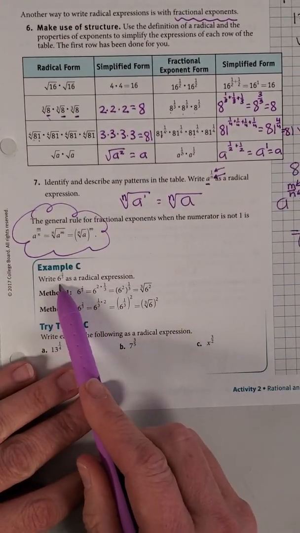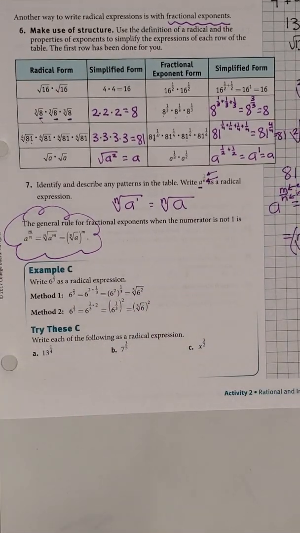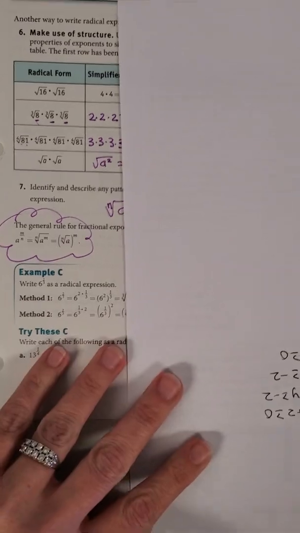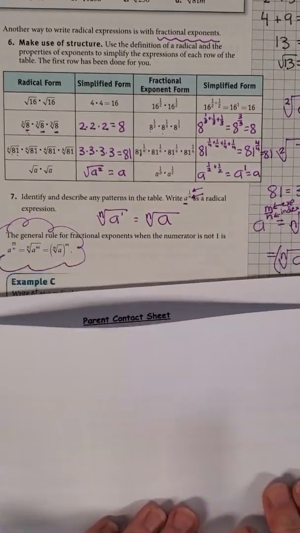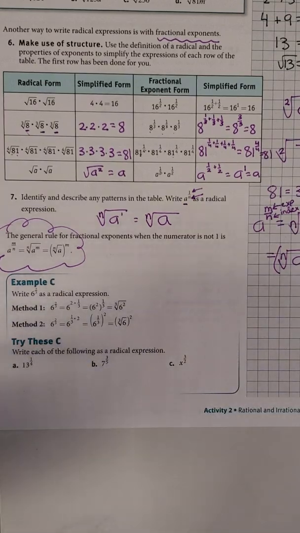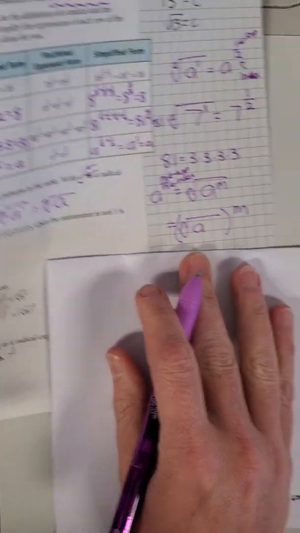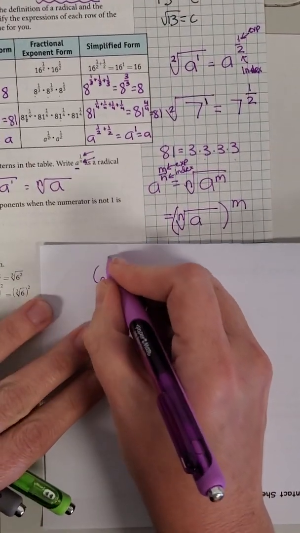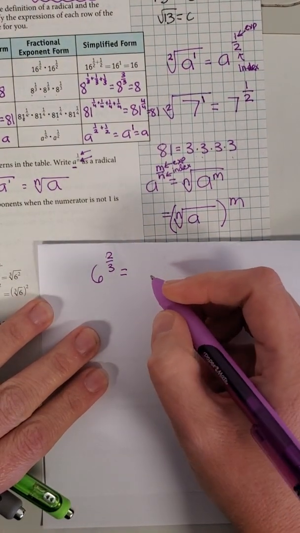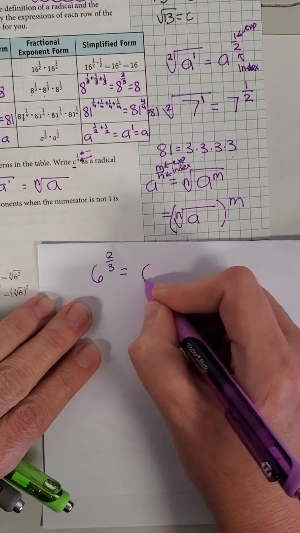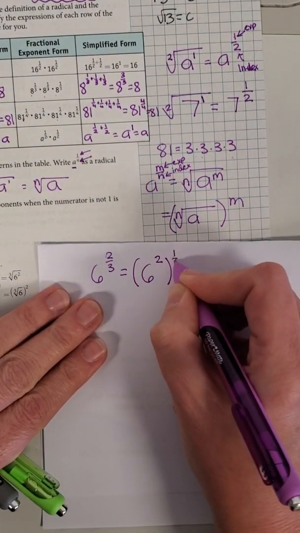All right, it says write 6 to the 2/3 as a radical expression. So I'm going to do that on a separate sheet of paper. So 6 to the 2/3, they show you two different methods. So I'm going to go through each. So for method 1, 6 to the 2/3 power, I'm going to apply that rule that I can write this as 6 to the 2 to the 1/3 power.